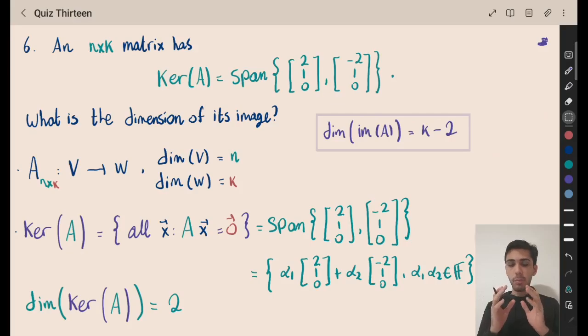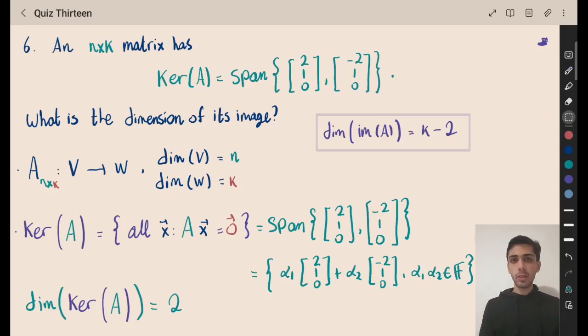These dimensions which do not get sent to 0 are the image of the matrix. And naturally, these 2 things should add up, because the map will send some values to 0 and some values somewhere else. It cannot send them to any other place. And this is kind of the proof for the rank nullity theorem.